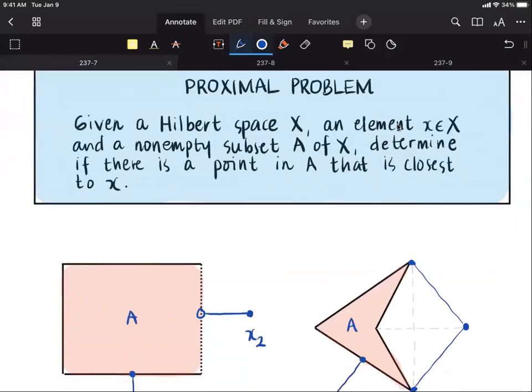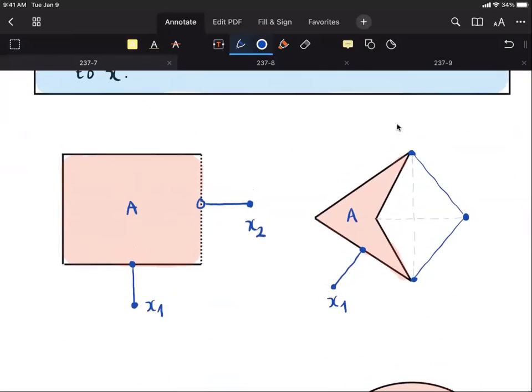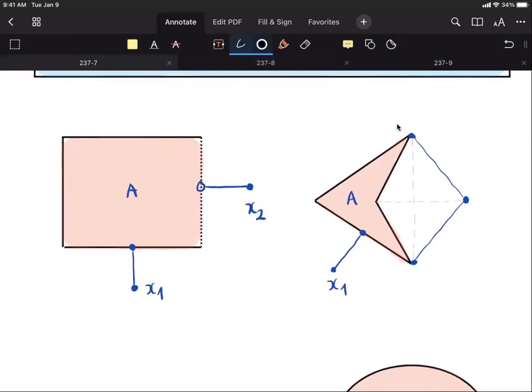To have an illustration, let us consider the situation where X is our Euclidean plane, R2, and consider these two subsets A. So here we have a rectangle where one side is open. So in this example, your set is not closed.